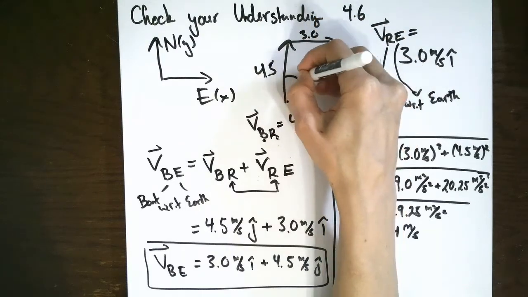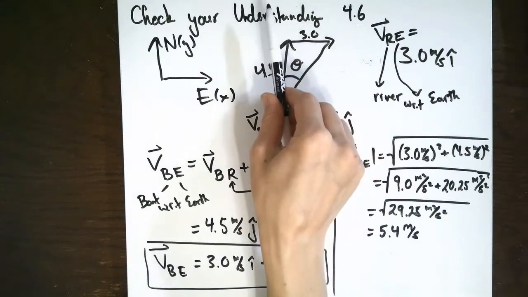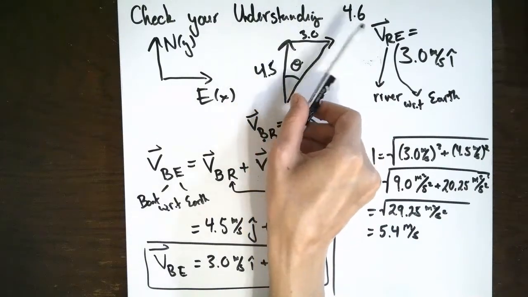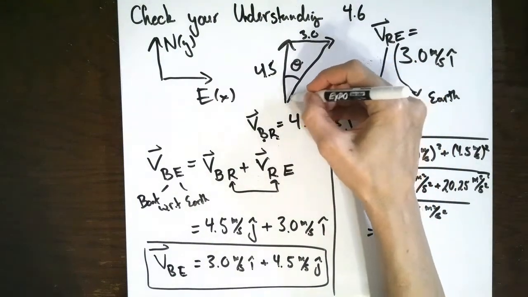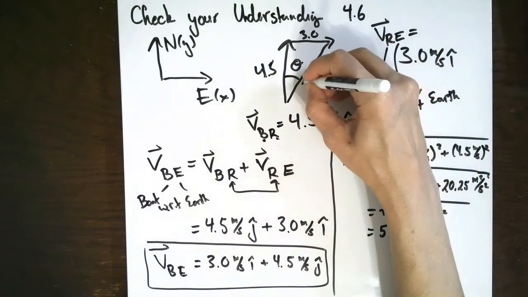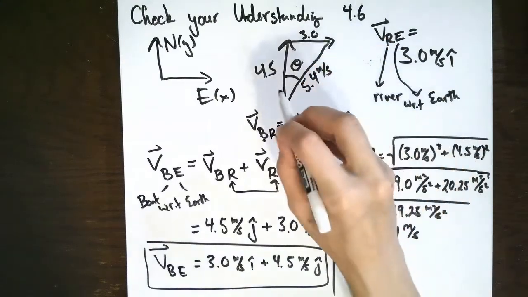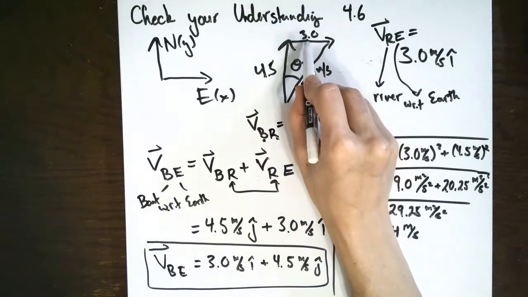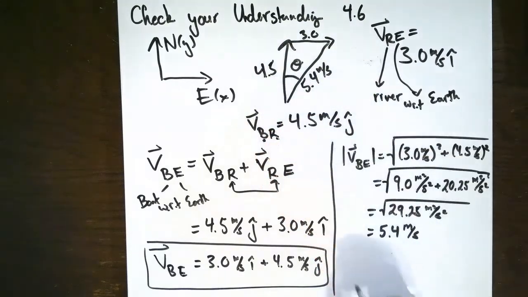We'll measure this angle. That'll be east of north because we started north and we pulled it east. This is our hypotenuse, the full magnitude of the velocity, 5.4 meters per second. We want that angle, so we'd want the opposite over the adjacent. That would be the tangent.